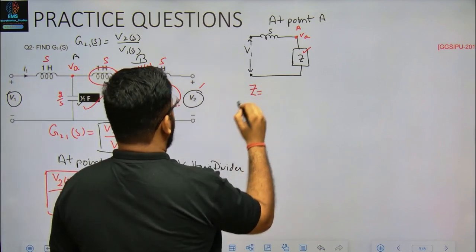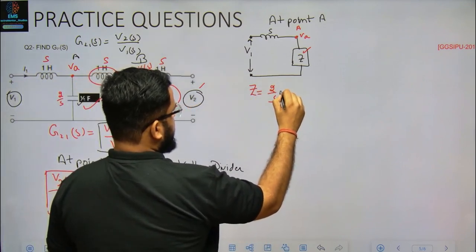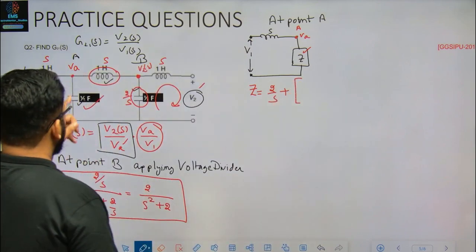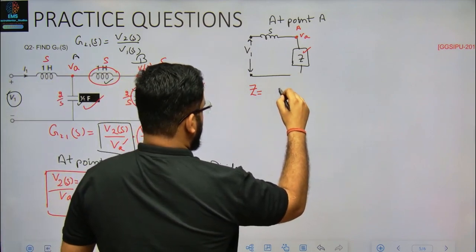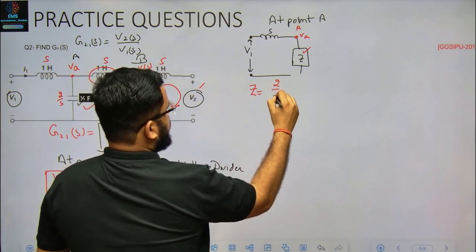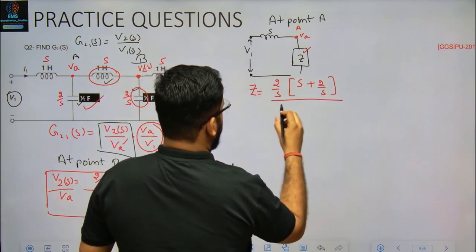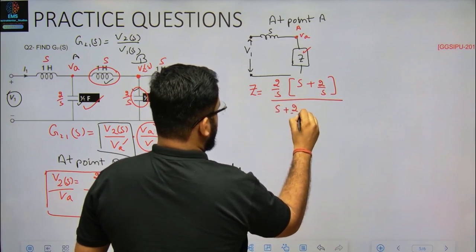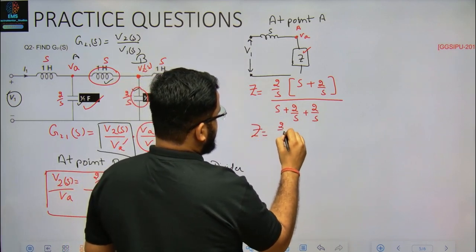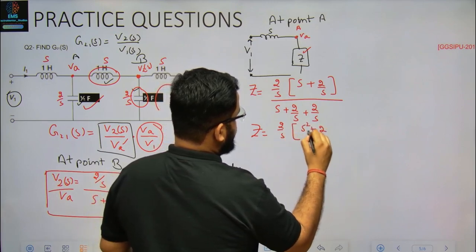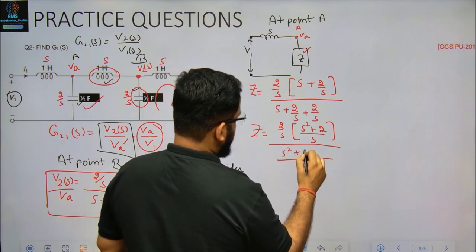So my Z would be nothing but 2 by S multiplied by S plus 2 by S divided by S plus 2 by S plus 2 by S. So simplifying the equation, I get 2 by S square plus 2 by S whole divided by S square plus 4.